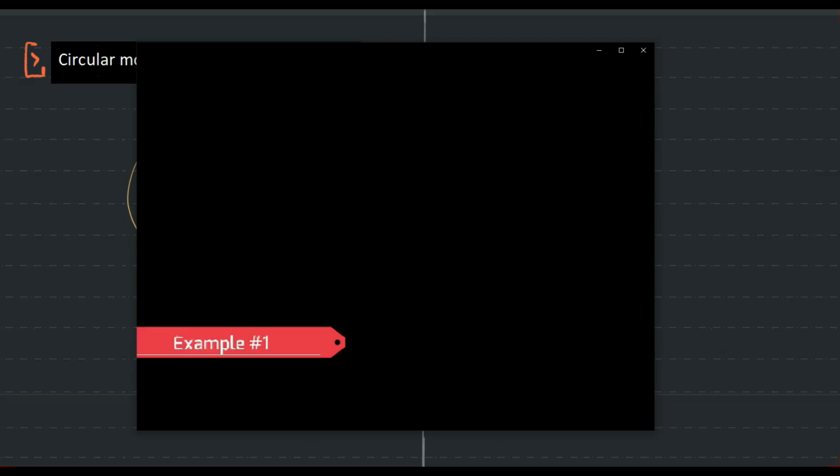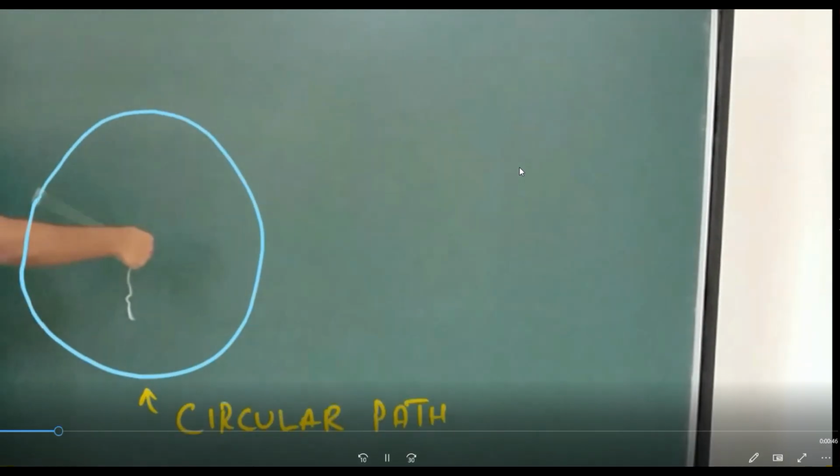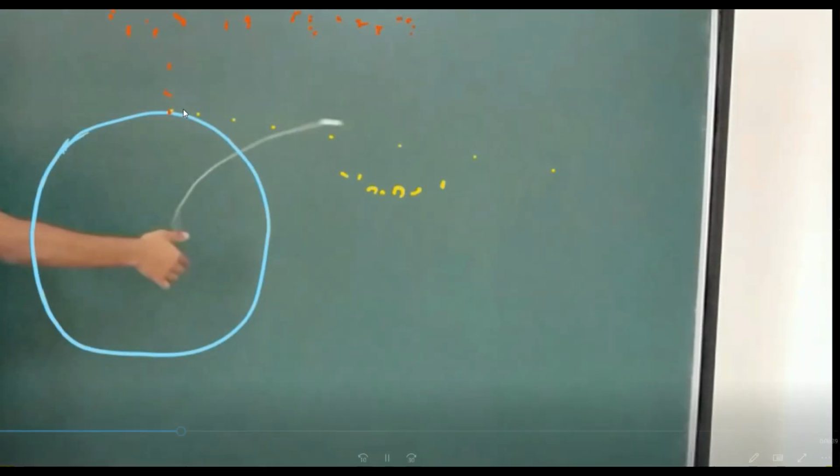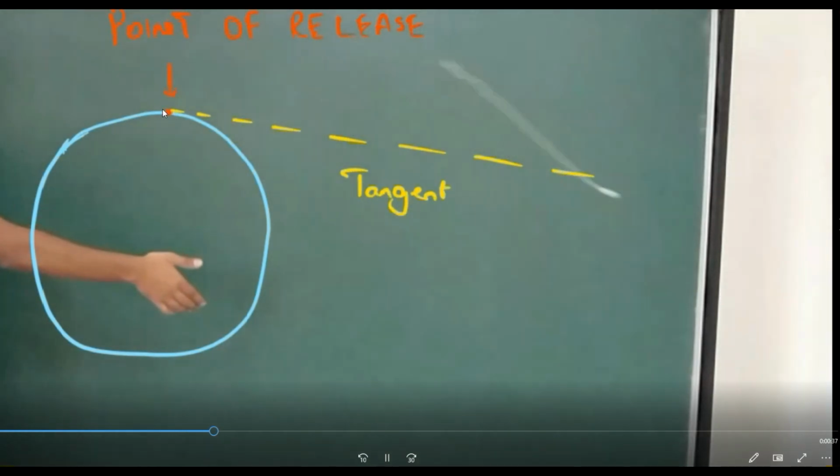So this is for 9th graders. I guess you can see a bit. So when I do leave it, can you see that? It goes tangential.